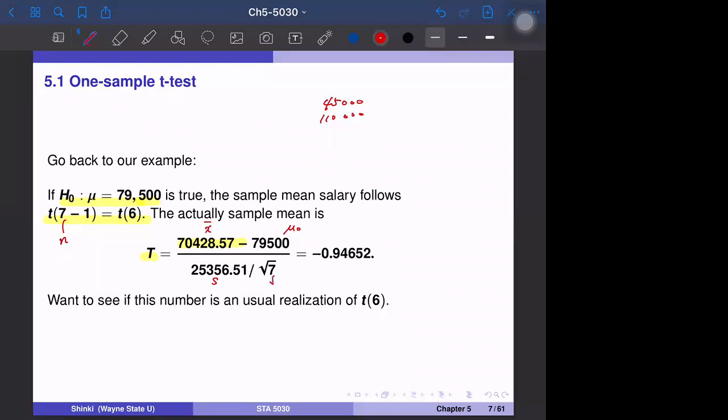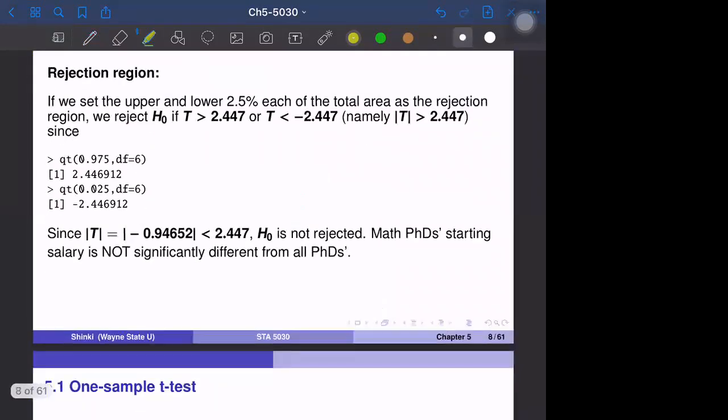And the square root of n, sample size is 7. So the t-distribution is df 6, but here we have to put square root of 7. Then we get the t-statistic equal to negative 0.94. And we want to see if this number is extreme or just a usual value for a t-distribution of df 6.